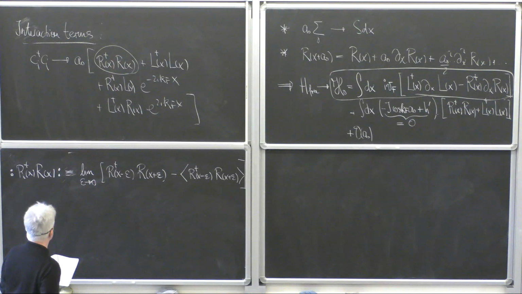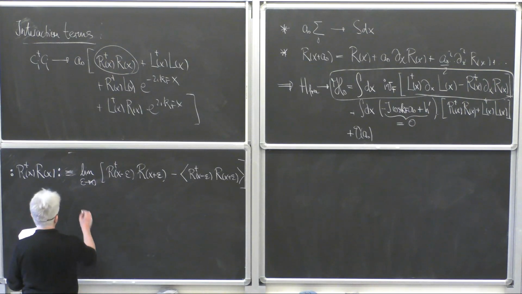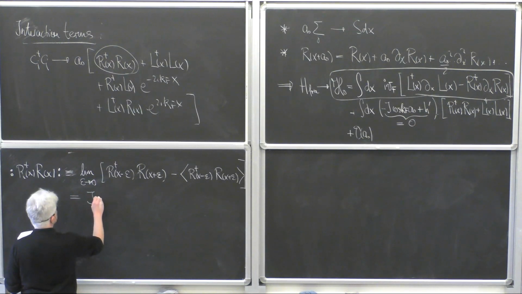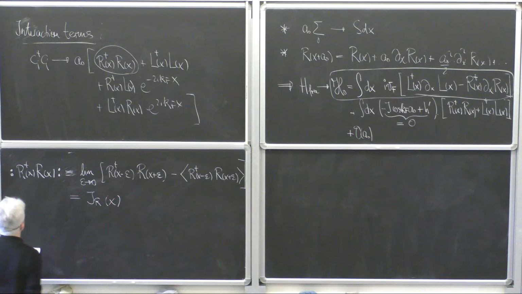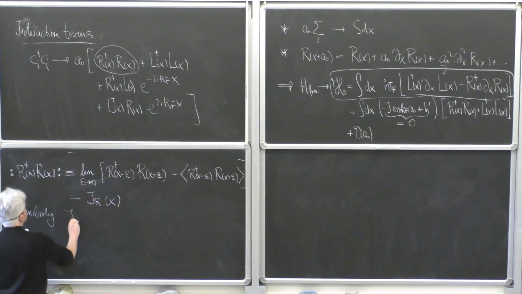This is important, so I give it a name. I call this the right current, J right of x. For left dagger of x, left of x, I have the same problem, so I do the same for left-moving fields: J left of x.